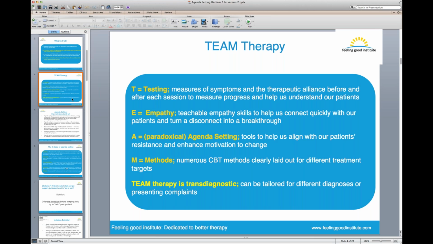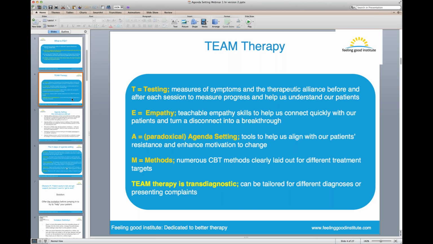The T in TEAM stands for testing. This means that people who practice this kind of therapy are always using measurement. We use measures of symptoms and the therapeutic alliance before and after every session with every patient in order to measure progress over time and also to understand how our patients are perceiving us and perceiving therapy.